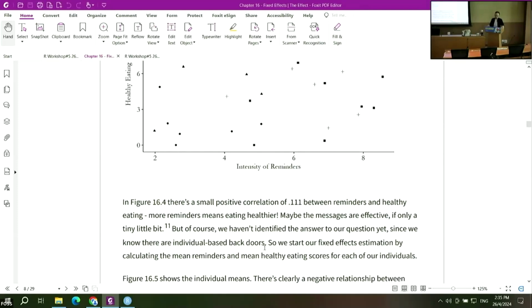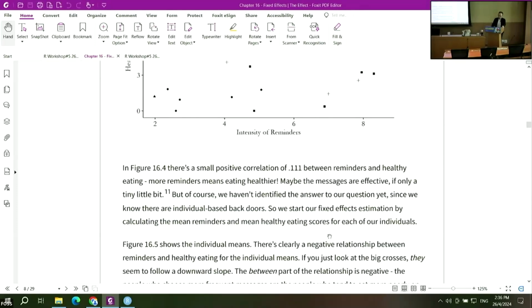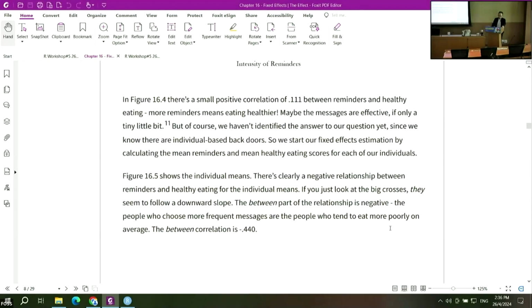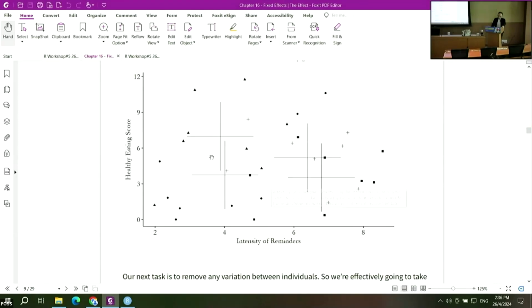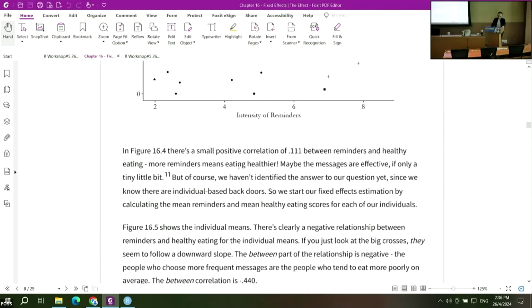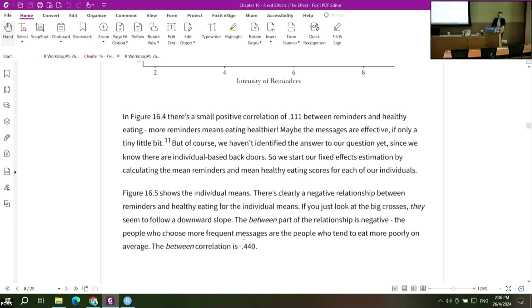So we start the fixed effects estimation by calculating the mean reminders and the mean healthy eating score for each and every one of our individuals. If we look at the individual means, we have 4 of them. Clearly there is a negative relation between reminders and healthy eating for the individual means.